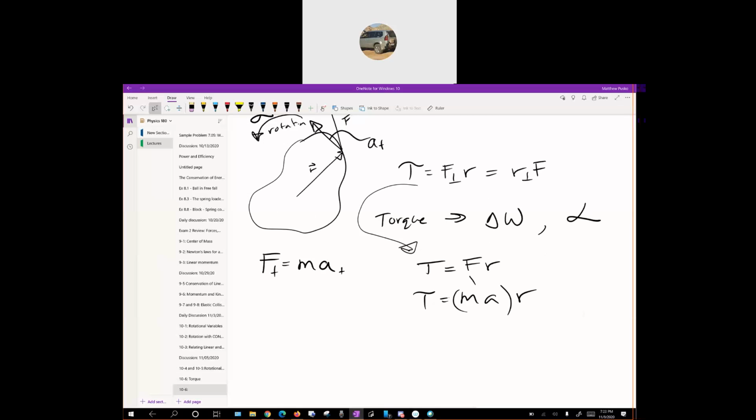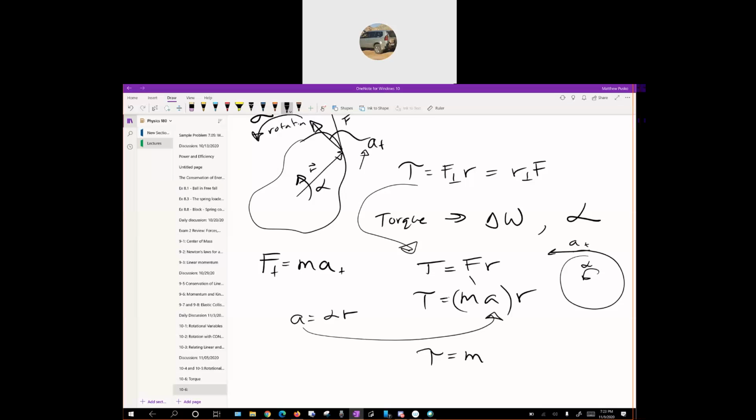And remember, if we have some angular acceleration alpha, then that gave us some tangential component, right? A wheel spinning with some alpha has some tangential component of acceleration. And we said that acceleration was equal to alpha r. Well, we can substitute that in for the acceleration, and we get that the torque is equal to m r squared times alpha.